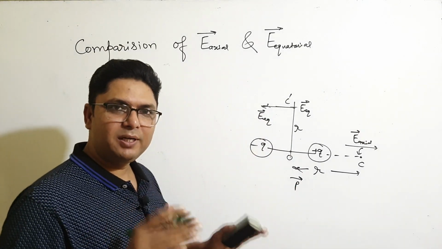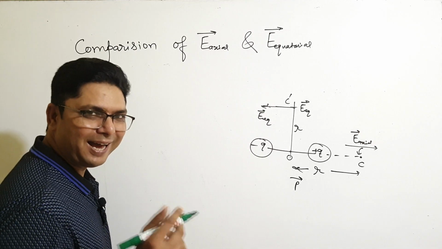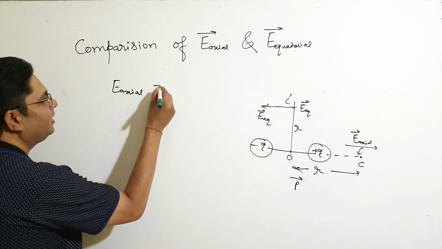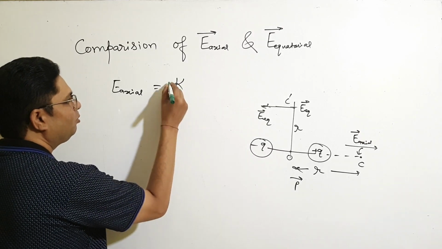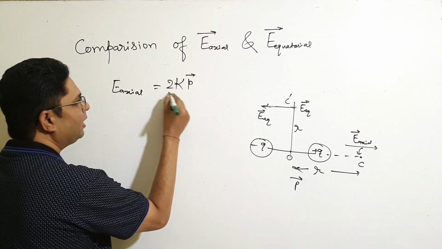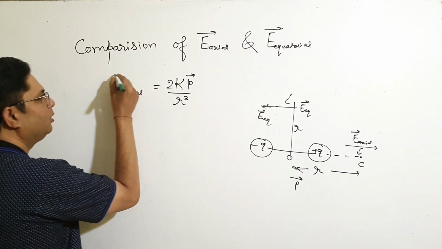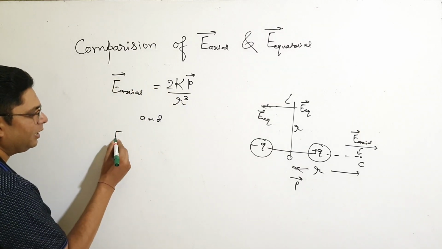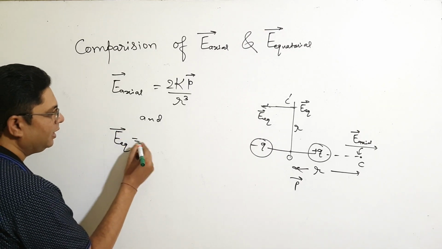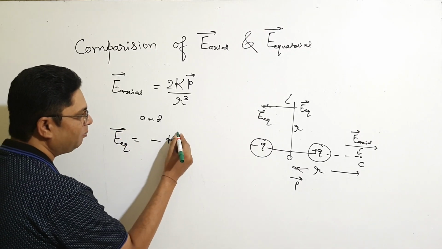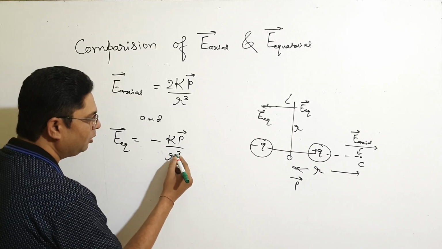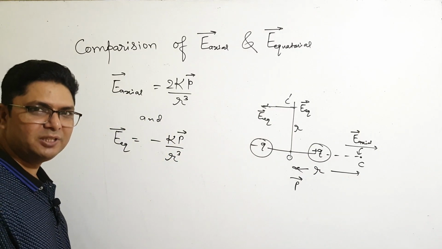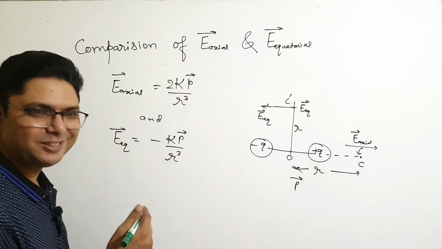From our previous topics, you know that E axial is equal to 2kp upon r cube, and you also know that E equatorial is equal to minus kp upon r cube. These are the two equations which we obtained from our previous derivations. Let us divide these two equations.